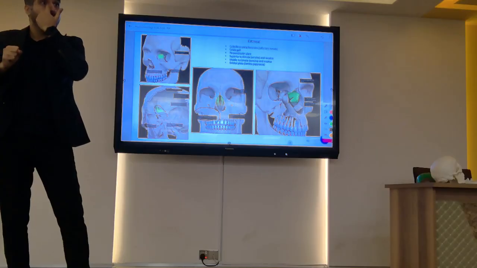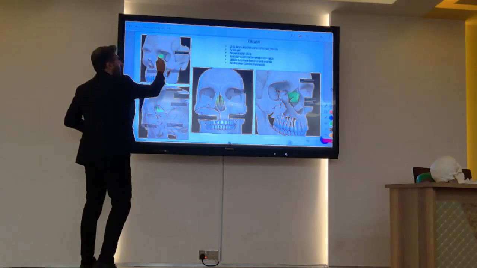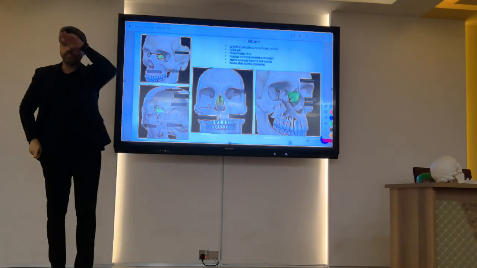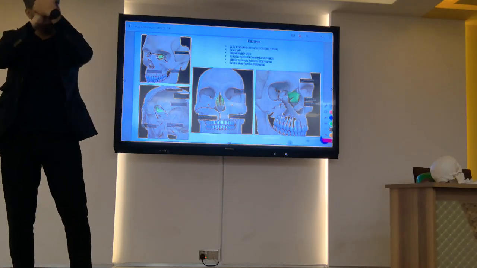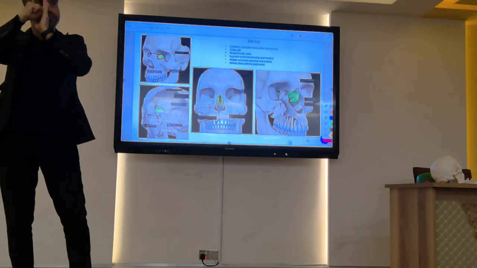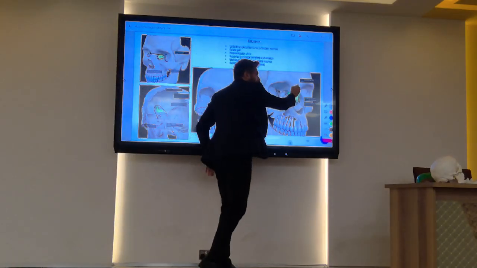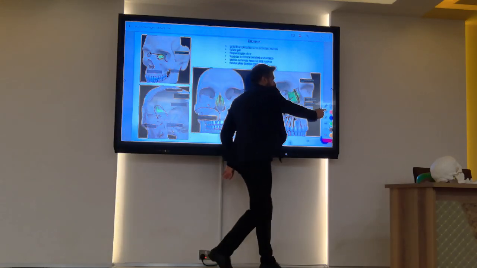Between the eye, orbital cavity, and nose. So look at the location, it's here. Lateral to this cribriform plate, it has two masses. This mass is between orbital cavity and nasal cavity. Lateral side of the nasal cavity, but medial side of the orbital cavity.